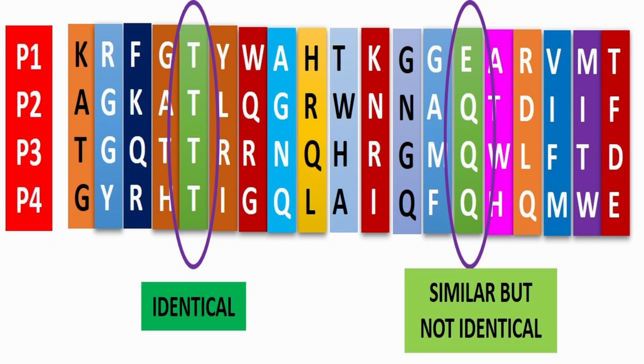However, at a certain position, as you can see here, when amino acids with similar physiological properties, say for example glutamate and glutamine, which are polar and charged amino acids, are aligning with each other at a similar position, then these sequences are said to be similar but not identical.